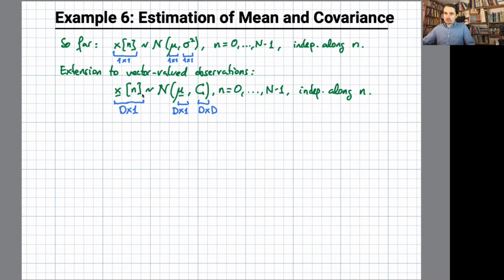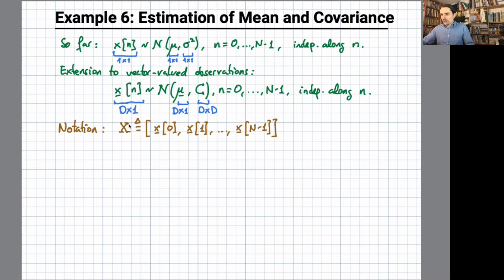And for this specific example, we will assume that its distribution is a multivariate Gaussian distribution. Therefore, its mean vector mu has to be D by 1, and its covariance matrix C has to be D by D. To simplify the notation, we will introduce this data matrix X, which comprises the vector valued samples as columns, okay?